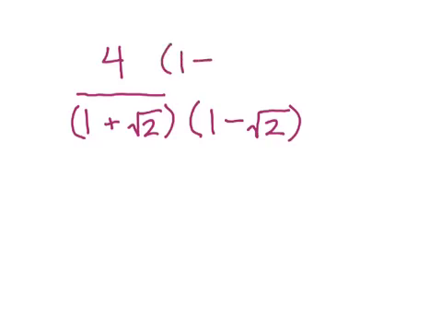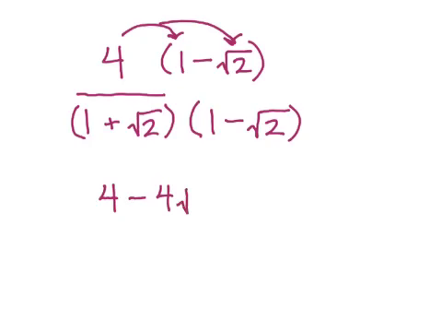Whatever we do to the bottom, we got to do to the top so that we keep the fraction equivalent. So in the top here, we're going to go ahead and distribute, meaning multiply this 4 into both terms. So we end up with 4 minus 4 root 2. It's perfectly fine to have that radical in the top.